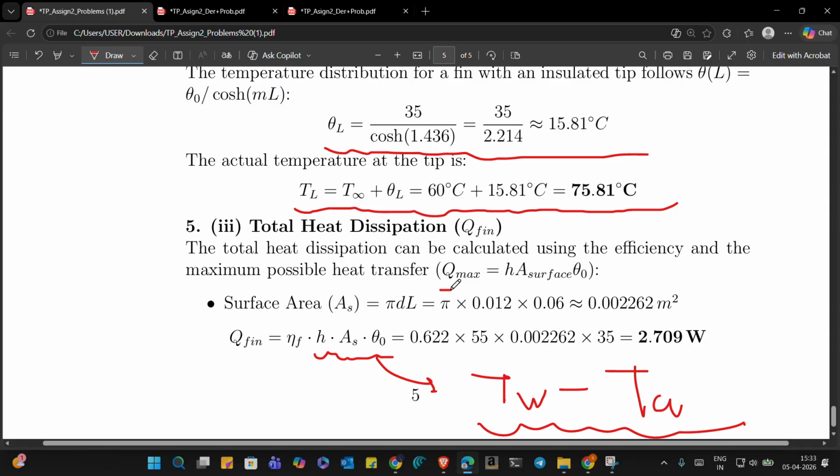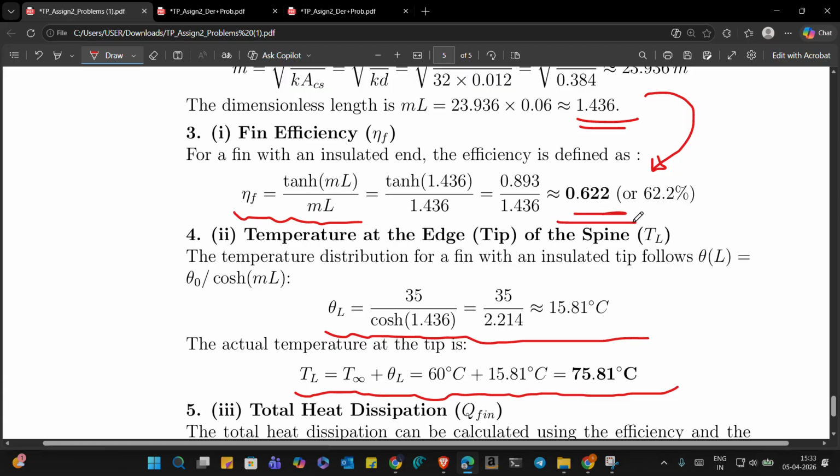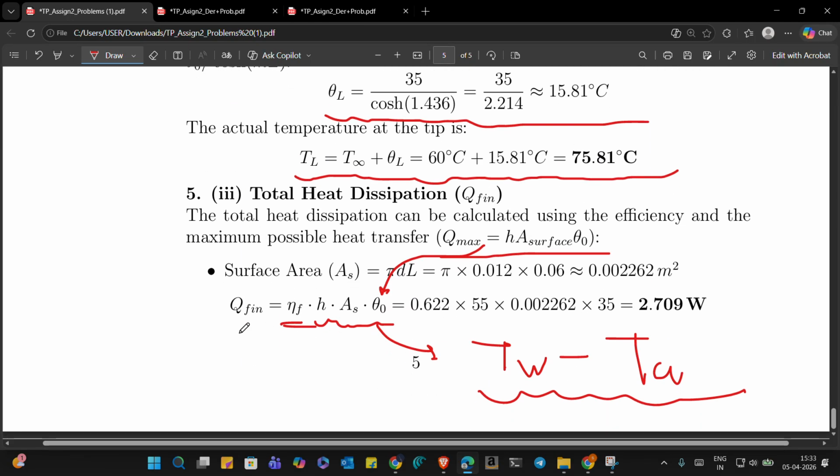That's how we take the value of Qmax and put it here, and this is the efficiency of the fin that we have found. Substituting those values, we get the heat being emitted by the fin as 2.709 watt.